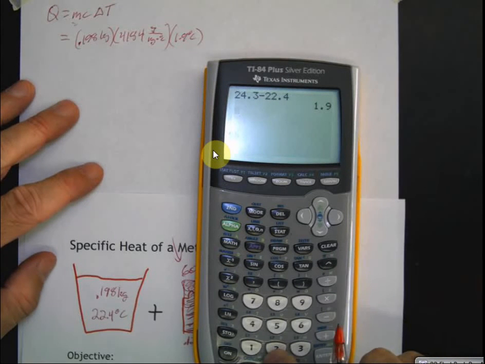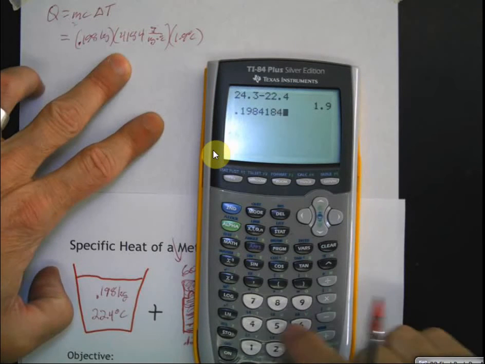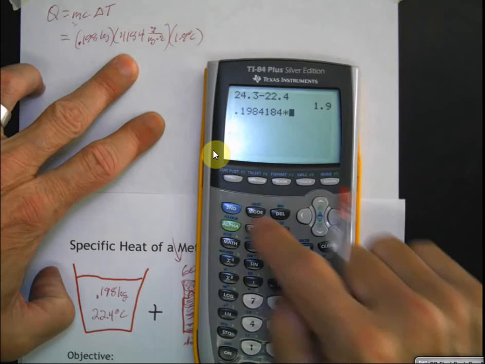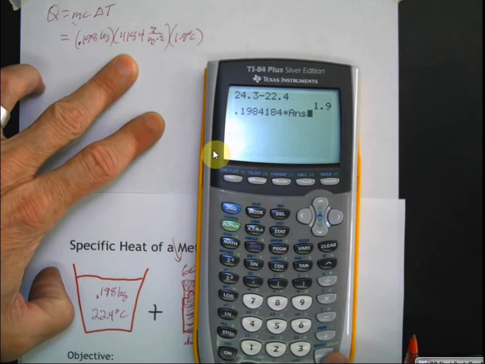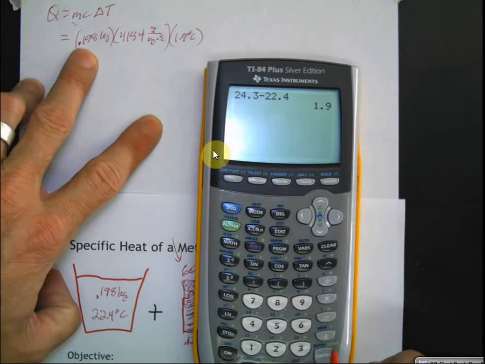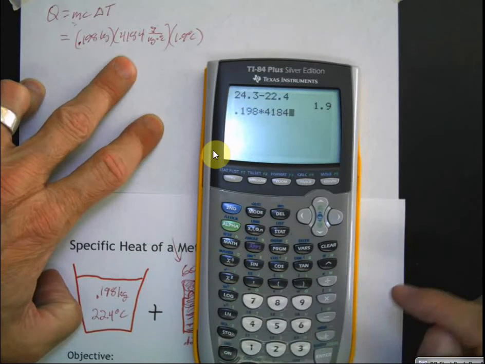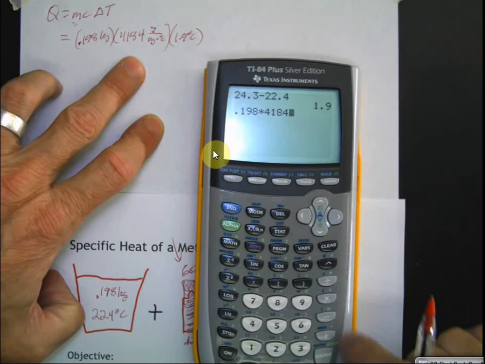So we go 0.198 times the 4,184 times, and I'm just going to grab the answer from before, the 1.9. Do that again. So we have the 0.198 times 4184 times 1.9.